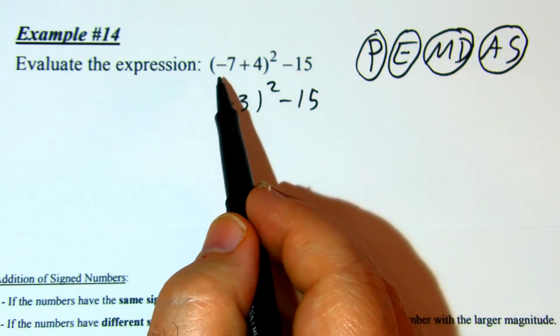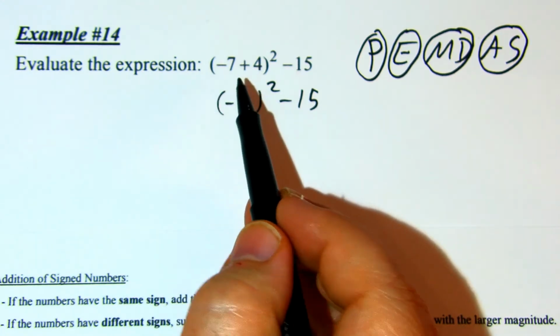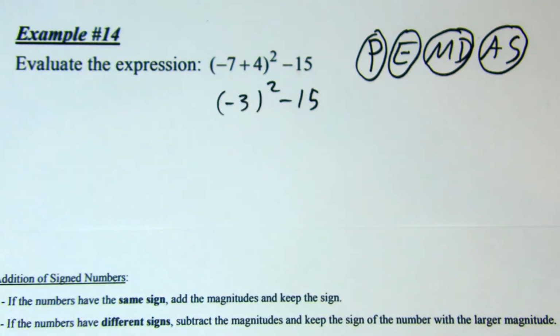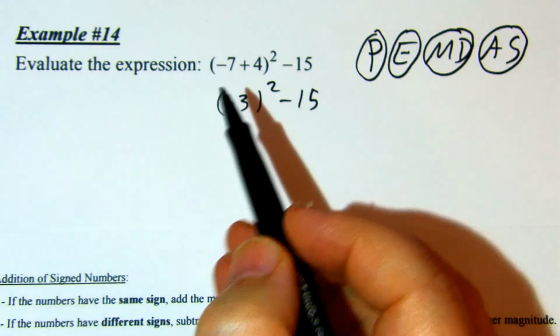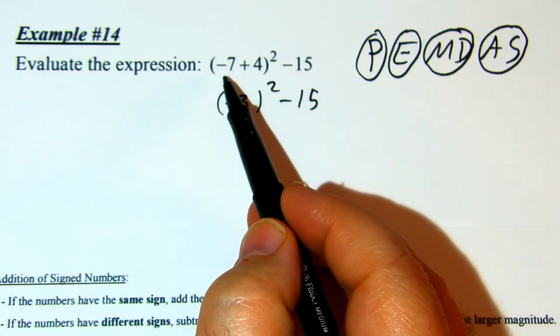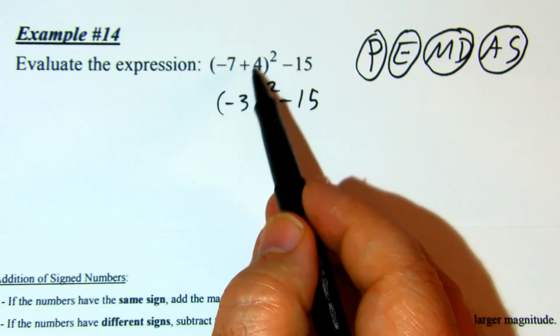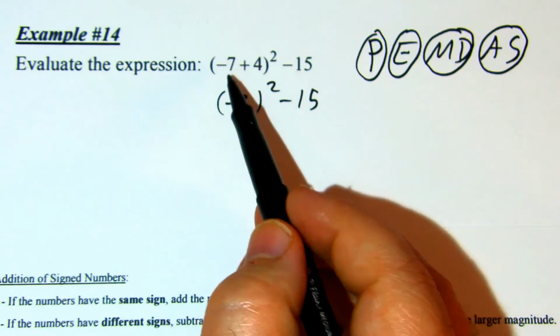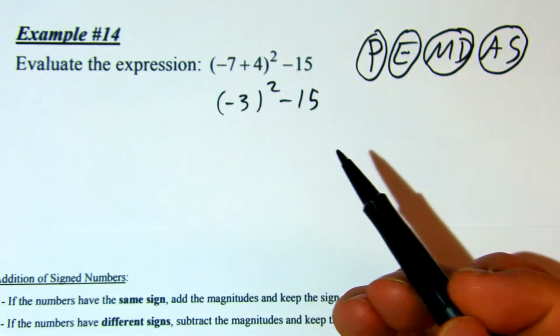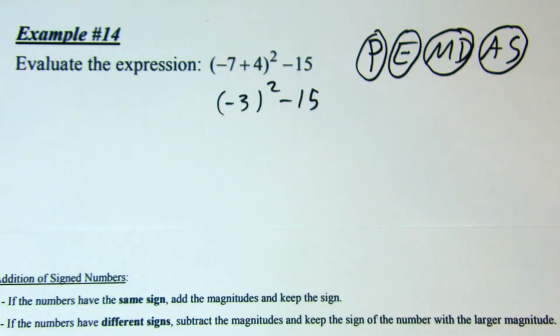Because they have opposite signs, your bills and your paychecks eat away at each other. And in this case, my Visa bill was more, and so the $4 of pay did its best to whittle that down to a -3. So that's why that rule works, if that kind of makes sense.